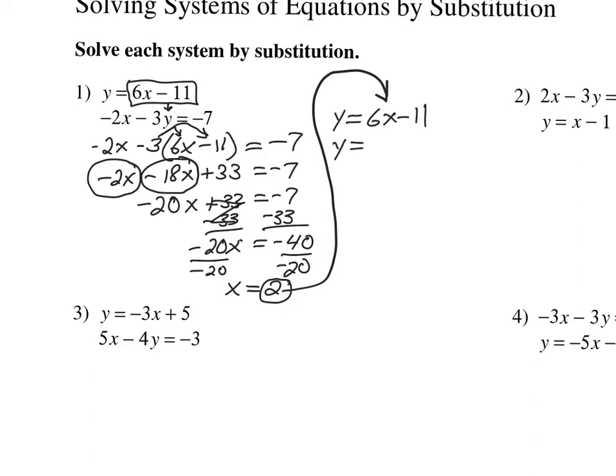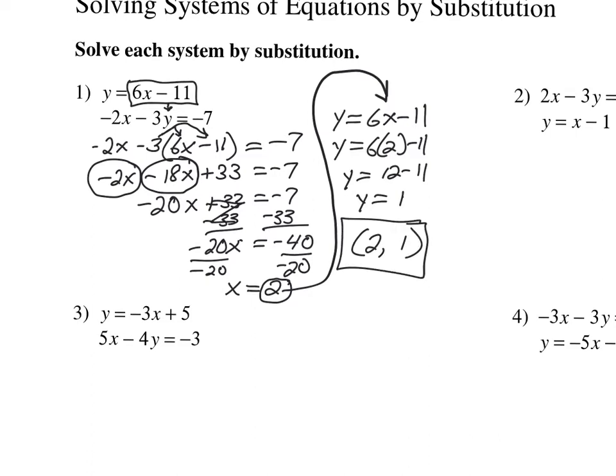So I get y is equal to 6 times 2 minus 11. Since 6 times 2 is 12, we subtract 11, we get y equals 1. So my values are 2, 1, x y. And that's a solution. That's where these two lines will cross each other.